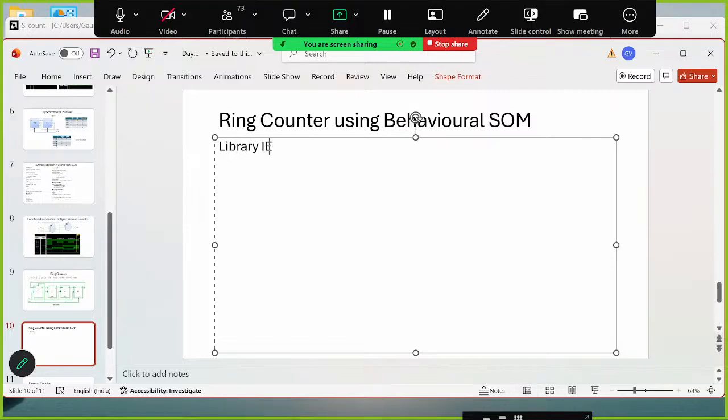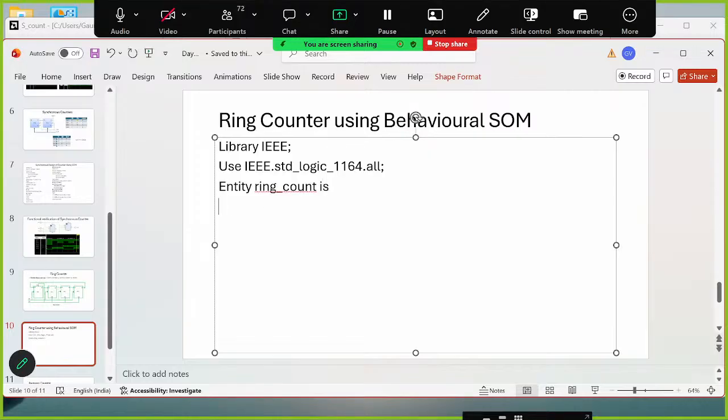Library IEEE; use IEEE.std_logic_1164.all; entity ring_count is.